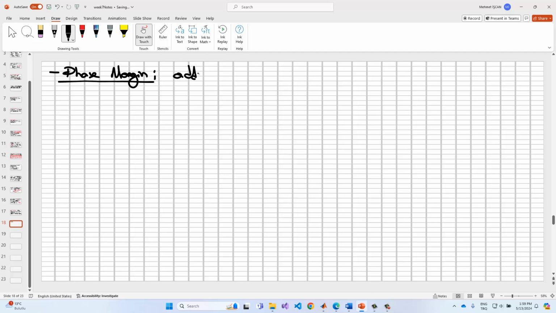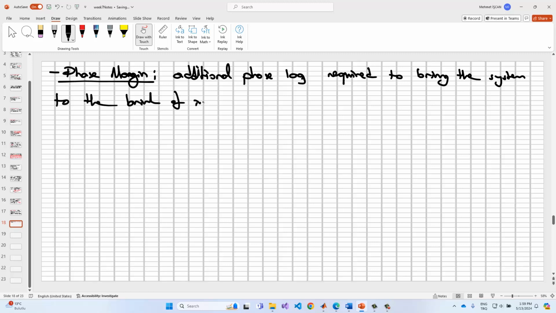Additional phase or lag required to bring the system to the brink of instability at the gain crossover frequency.